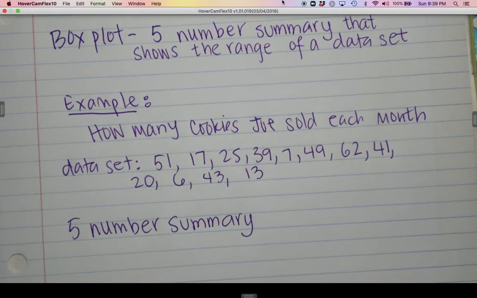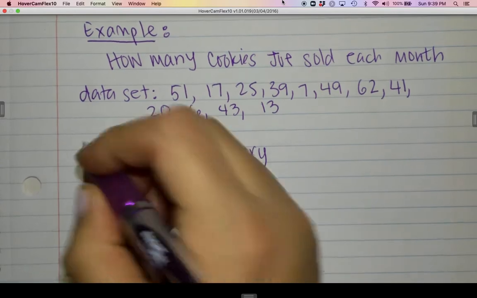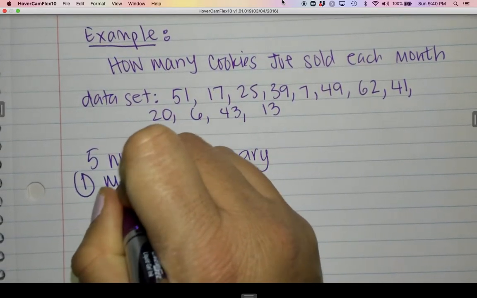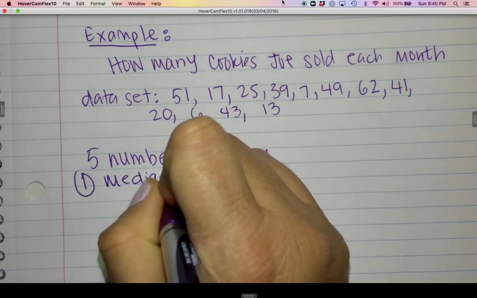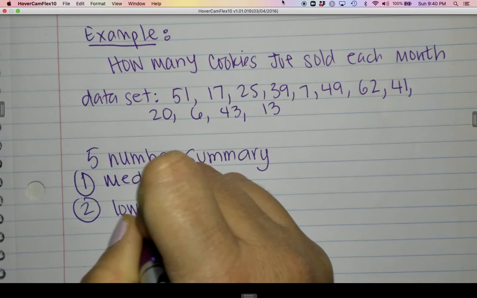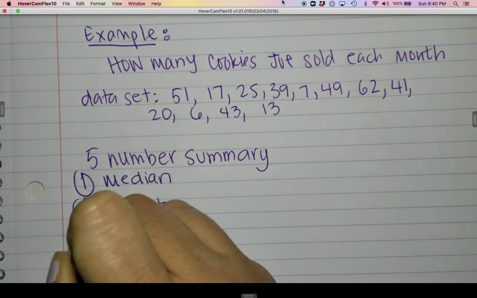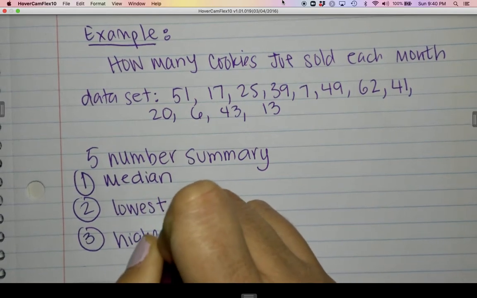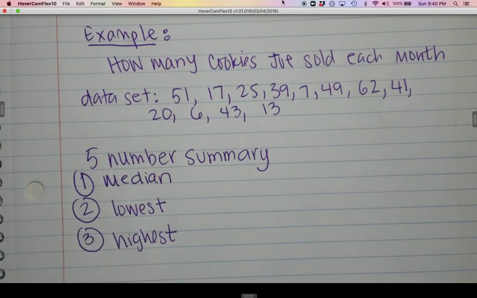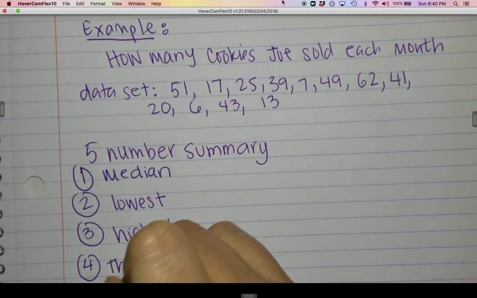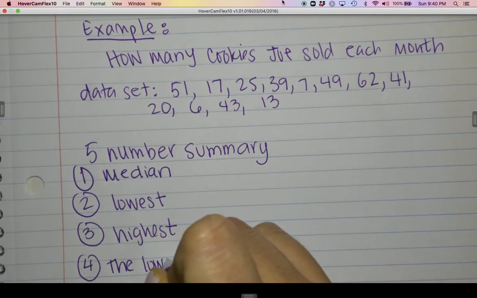So what we have in our 5 number summary is what goes into our box plot. And the 5 numbers that go into our box plot are the median, the lowest, the highest, the lower quartile.